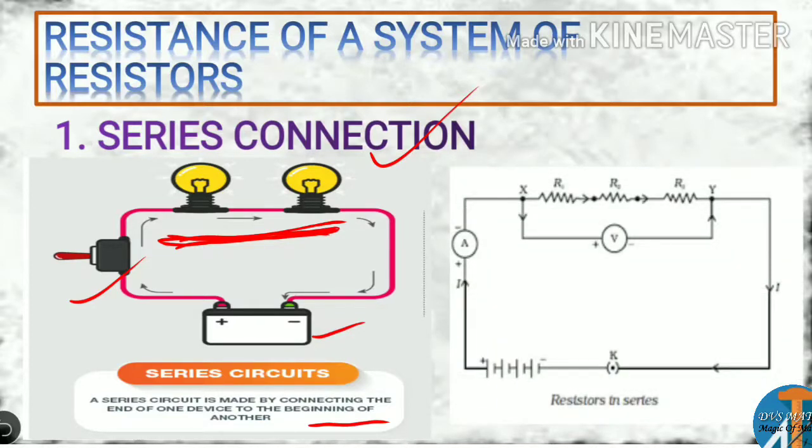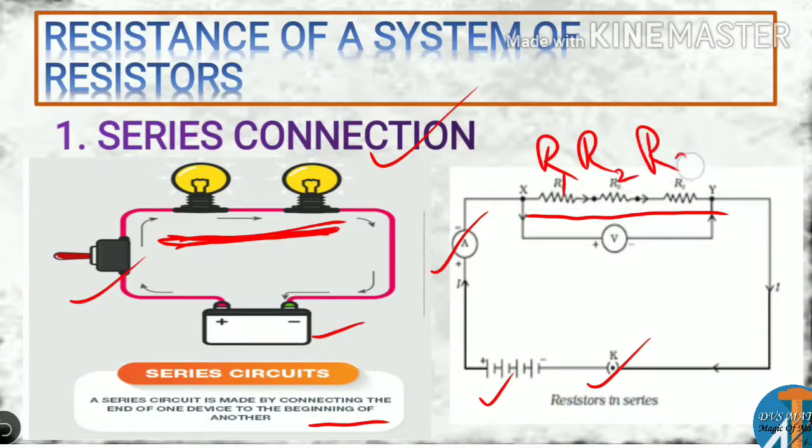Here battery, key, ammeter, and you can observe the resistances one after the other, R1, R2 and R3, and the voltmeter is connected in parallel. So this you have to practice, the circuit diagram of series connection. This type of connection we call a series connection.